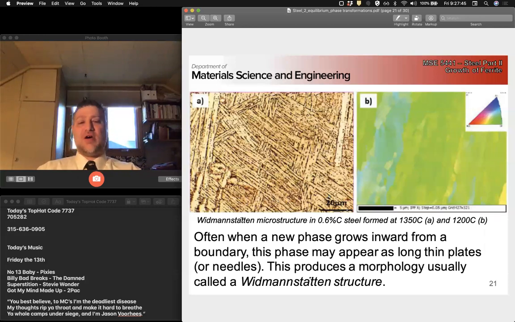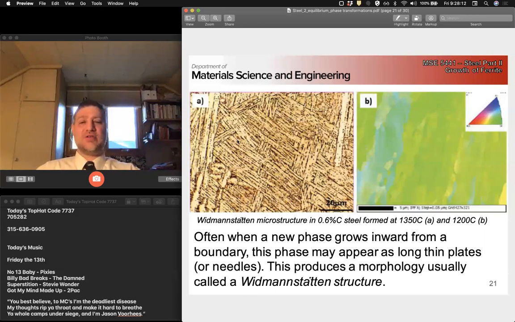You see this in carbon steel when ferrite is allowed to form at a slightly lower temperature. And the ferrite grows in these long, thin plates that when you make a 2D section, it looks like this interwoven basket structure. And they all have about the same crystallographic orientation.